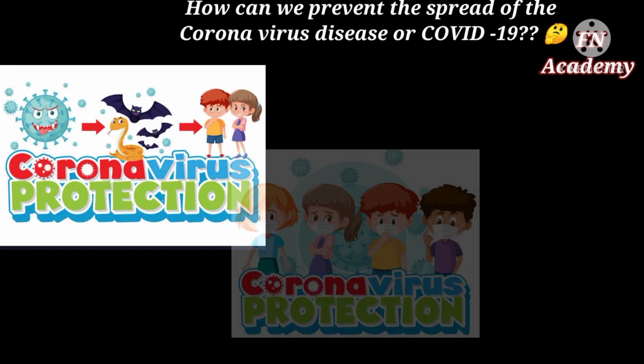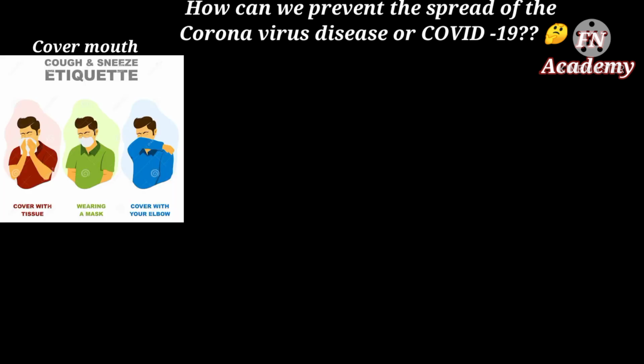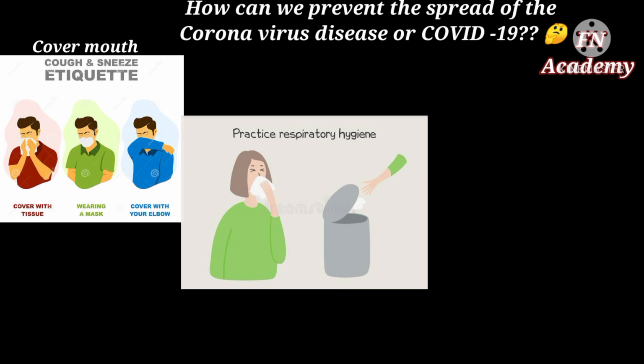Now coming to our next question. How can we prevent the spread of the coronavirus disease or say COVID-19? The following actions help to prevent the spread of COVID-19. These include covering your mouth and nose when coughing and sneezing with a flexed elbow or tissue, and throwing the tissue into a closed bin immediately after use.